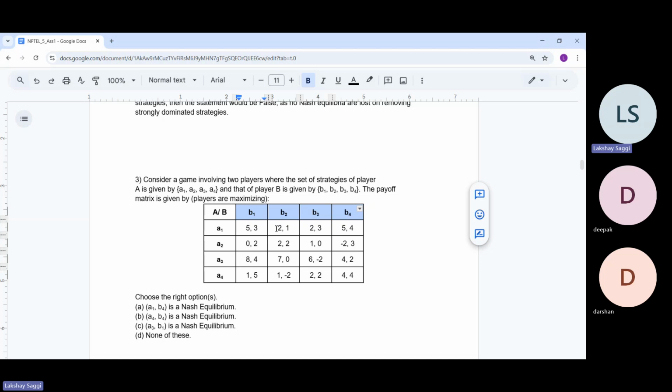Just think of it as the payoffs for the different strategy profiles. If player B was playing B4, then these are the four possible payoffs depending on what player A is playing, because B has already played B4. Out of these four, if A was playing A4 but switches to A1, then he'll have a higher payoff.